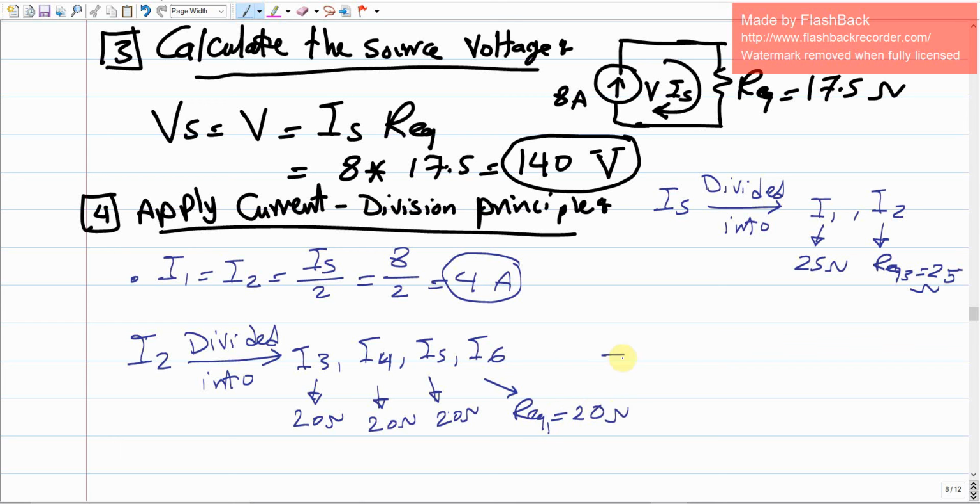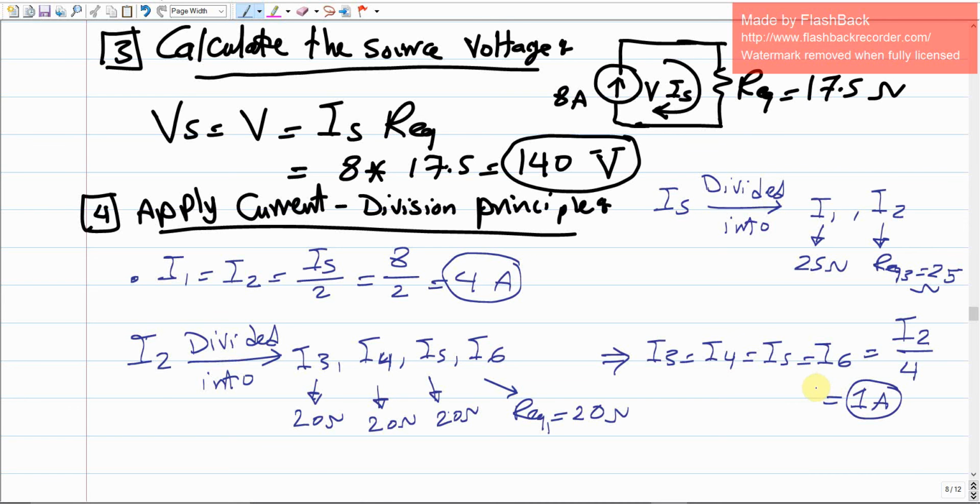So we're going to find that I3 equals I4, equals I5, equals I6. It's typically the same as when you have only two resistances, but divided over 4 resistances, which gives us 1 ampere to each one.